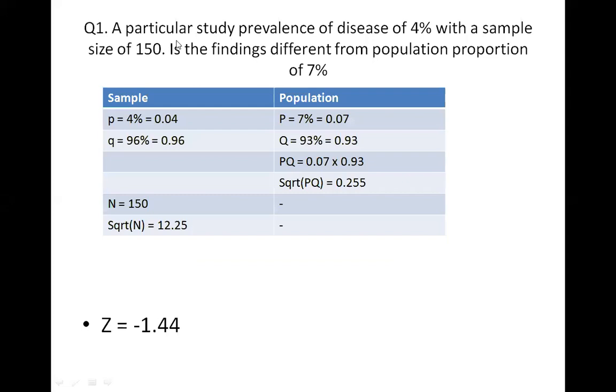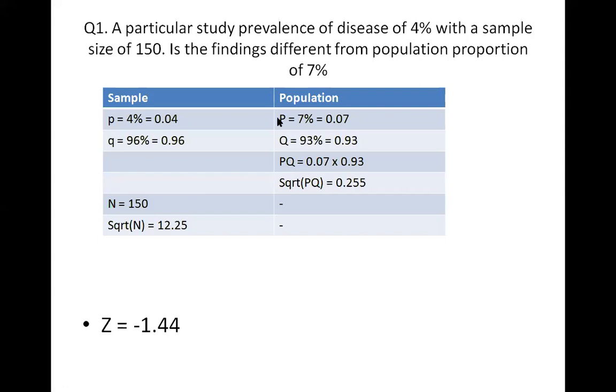This is the example. The question is, in a particular study, the prevalence of disease is 4% with a sample size of 150. Is the finding different from the population proportion of 7%? The sample proportion is 4%, and out of 1 it can be written as 0.04.